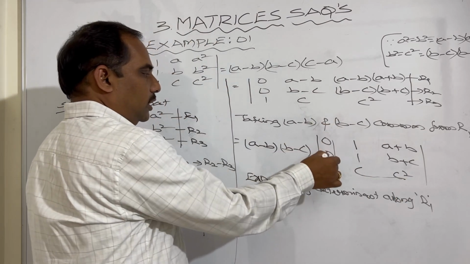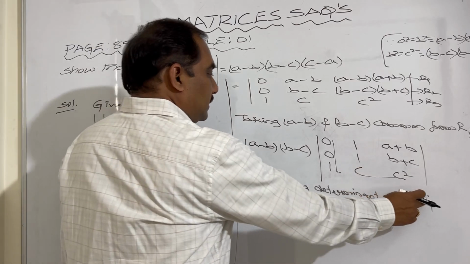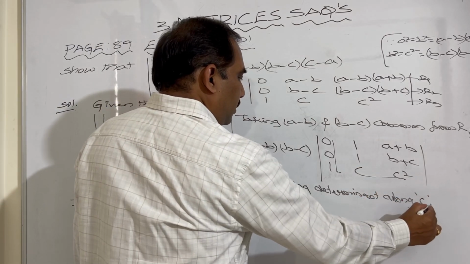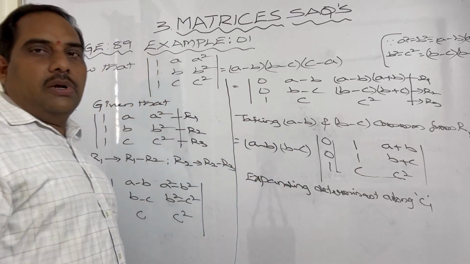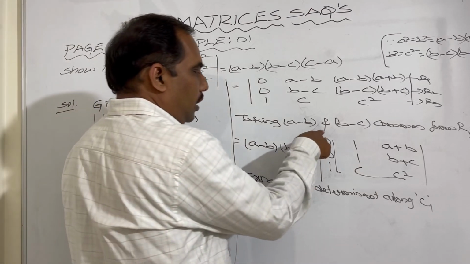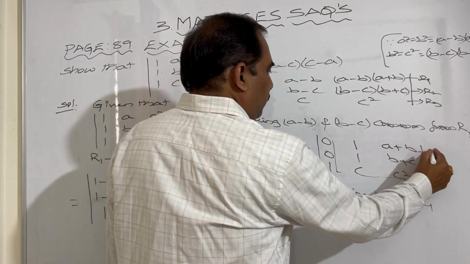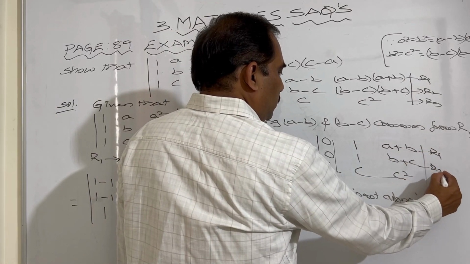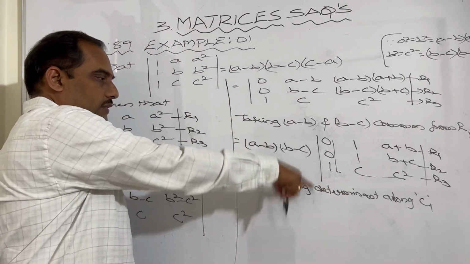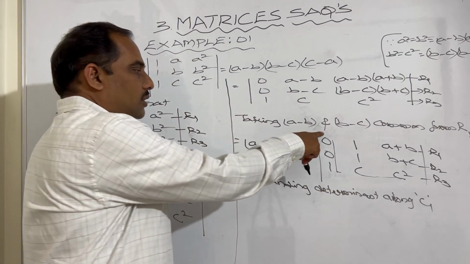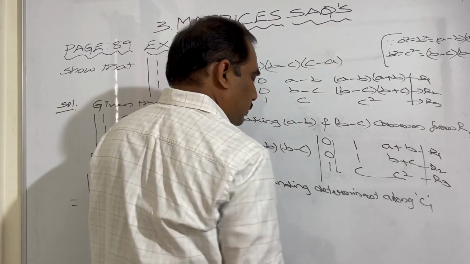No, this is not R1, it is C1. See here, this is the first column, no? So expanding the determinant along C1, this is R1, this is R2, this is R3. Now expanding the determinant along C1, deleting C1 and R3.